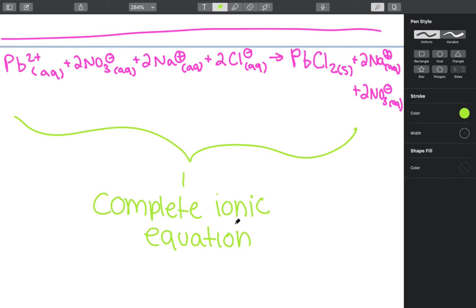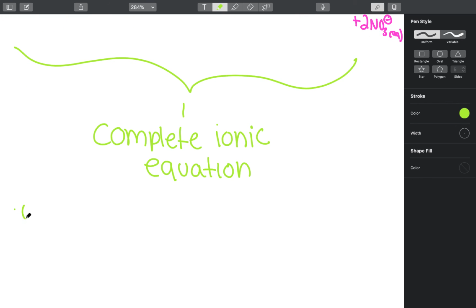So the complete ionic equation is very long, and we can simplify this. So we can simplify the complete ionic equation.